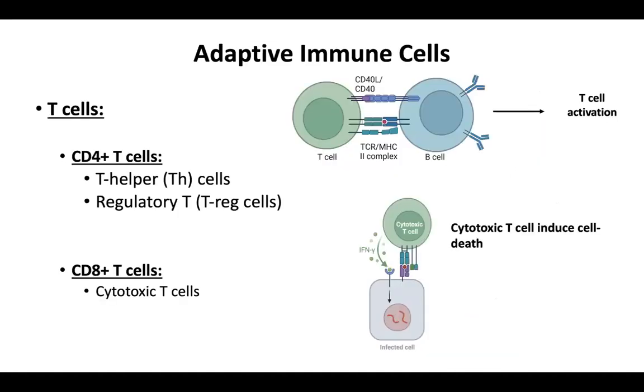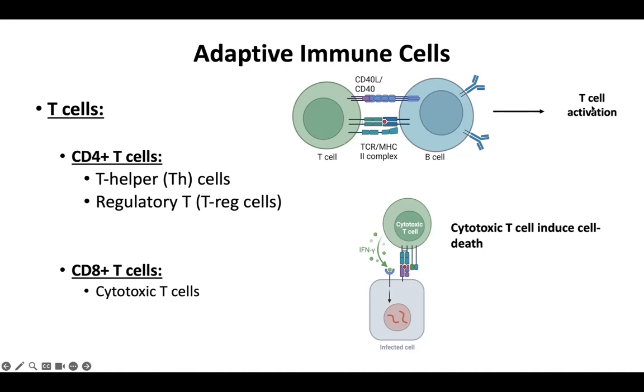So T cells can be differentiated into two main groups. You have the helper T cells and regulatory T cells. These have a specific marker, CD4. They don't directly interact with the microbes, but they stimulate other immune cells. So one example that's shown here is the helper T cells stimulating B cells to activate.